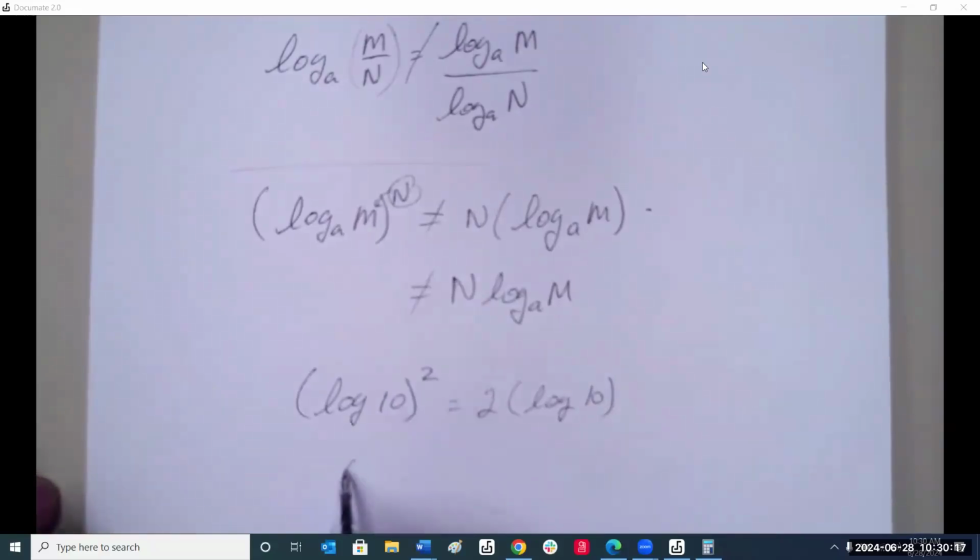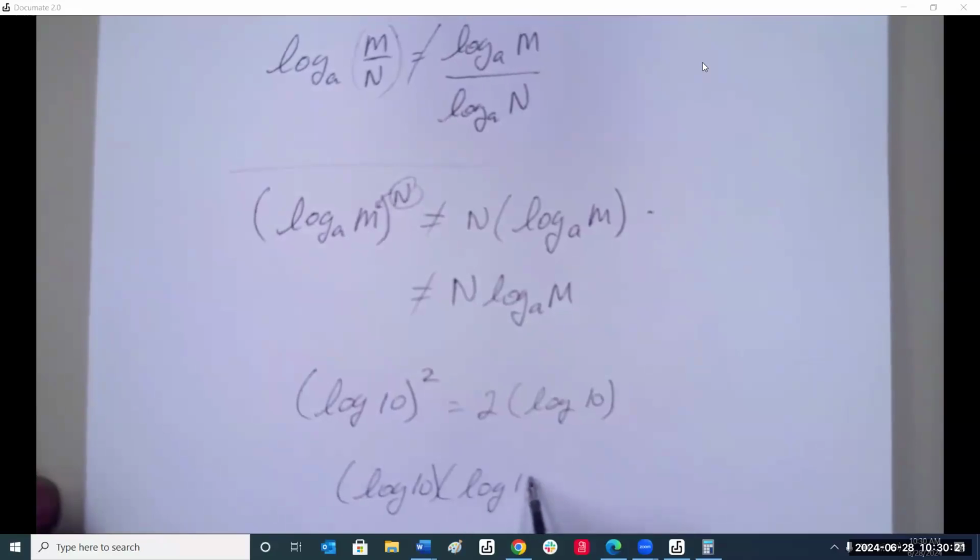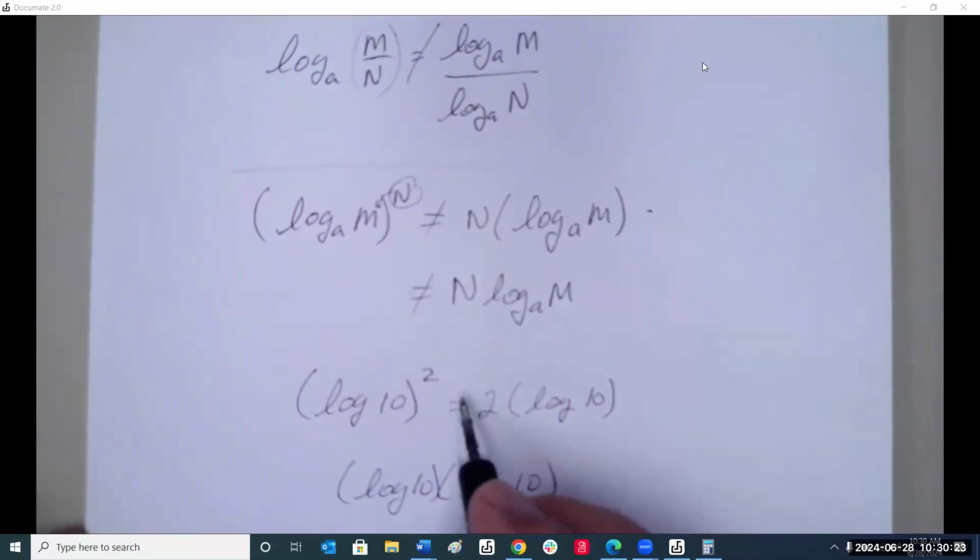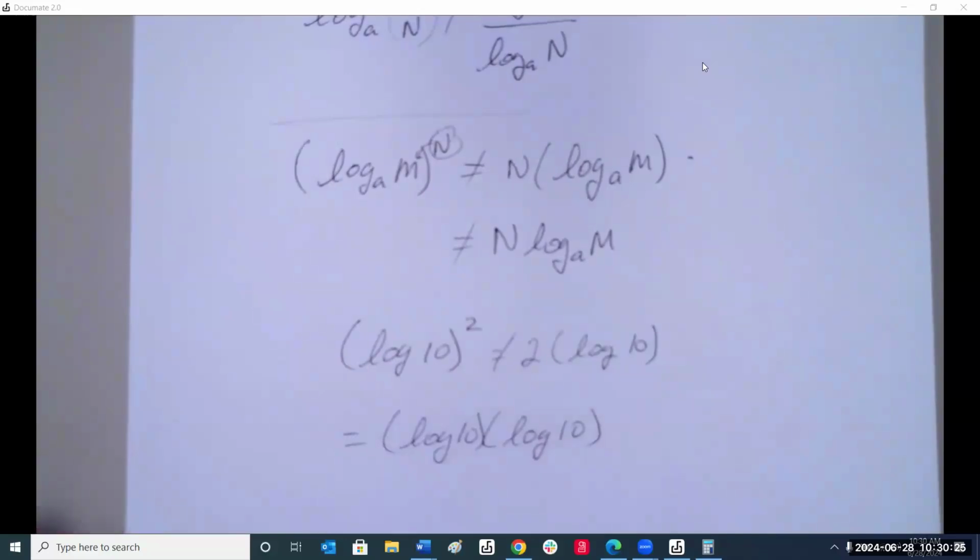What it means is log of 10 times log of 10. So those are the 4 common mistakes that occur when we're doing logarithmic equations.